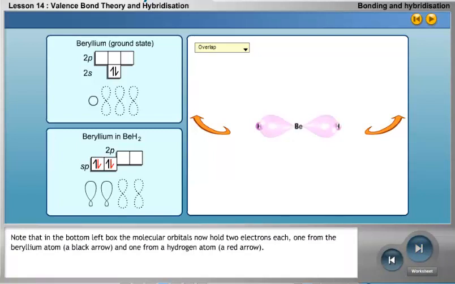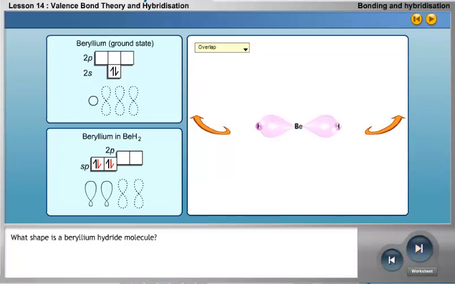Note that in the bottom left box, the molecular orbitals now hold 2 electrons each. One from the beryllium atom, a black arrow, and one from a hydrogen atom, a red arrow. What shape is a beryllium hydride molecule? Answer: linear.